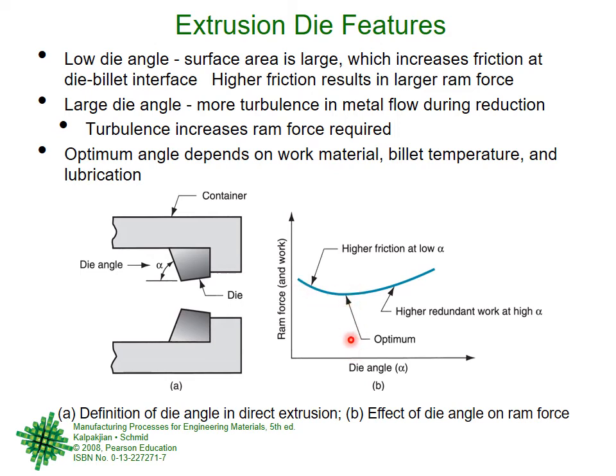So there is some optimum die angle at which the ram force or the ram pressure or the work required will be the lowest. For low die angle, it will be high because of friction. At high die angle, it will be high because of turbulence, the metal flow, isn't it? So this is a very beautiful diagram. This is based on the actual pressure equation or force equation, which we will show you later on. But here we are just trying to explain that the die angle is a very important parameter.